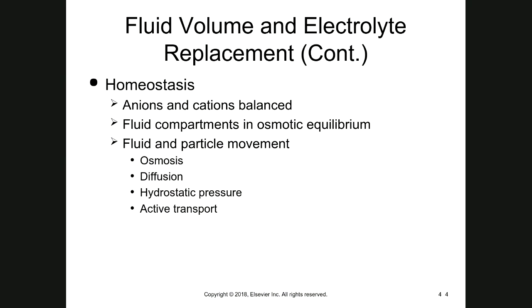So you have to know the normal serum osmolarity level and how it ranges from usually 275 to 295. So then you have isotonic fluid, which has the same proportion of particles in water. Hypo-osmolar is fluid that contains fewer particles than water.